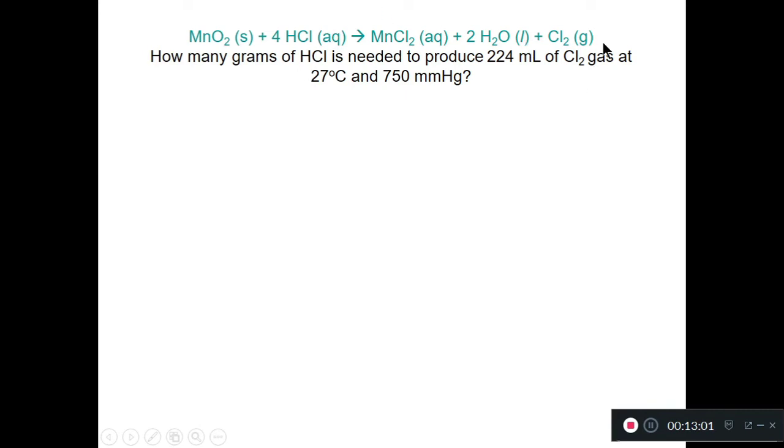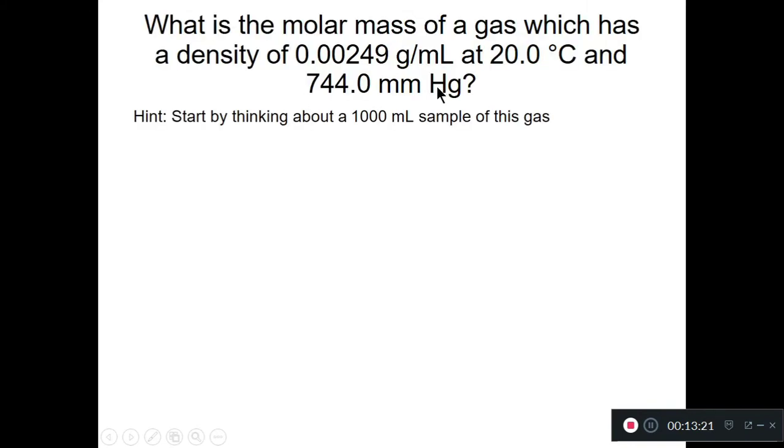So I have two chemical substances related by a chemical equation, and I know that this is going to end up being stoichiometry. So I can use my steps to guide me through what I need to do. And when I get to step 3 and it says convert to moles, and I realize I have volume and temperature and pressure, I realize I can use the ideal gas law.